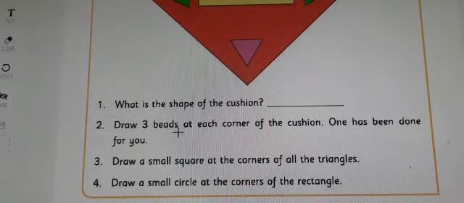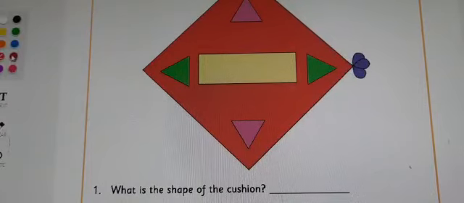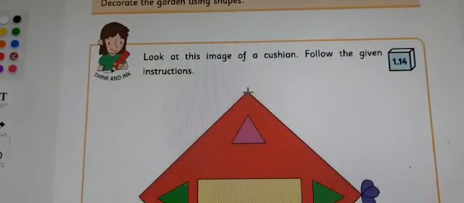Then, draw 3 beads at each corner of the cushion. One has been done for you. See here, one bead is there, no? So we have to draw beads in this corner, here and here. Let me draw here. You also can draw along with me. I am choosing brown color. One corner over for me.